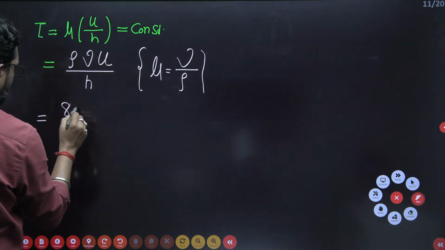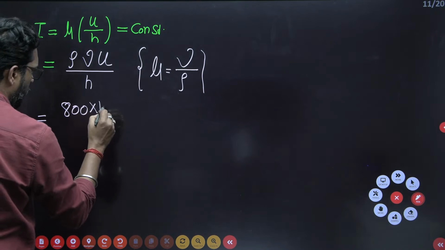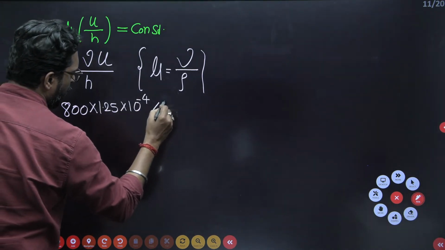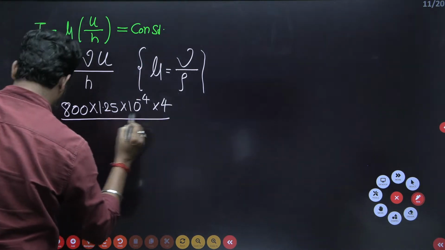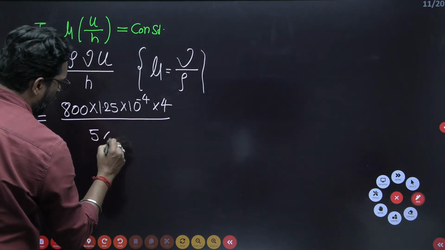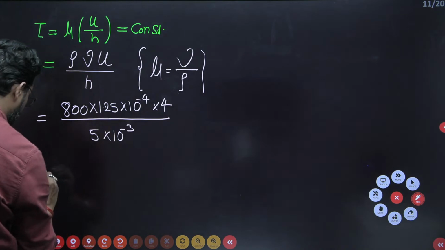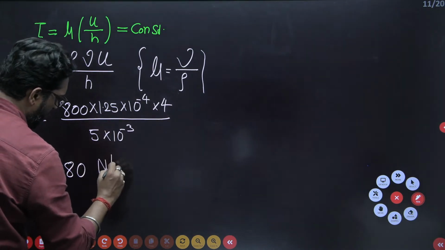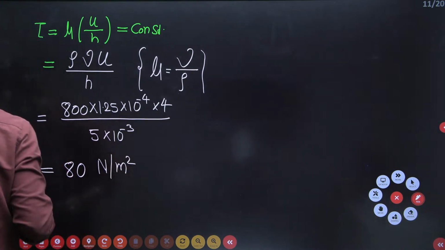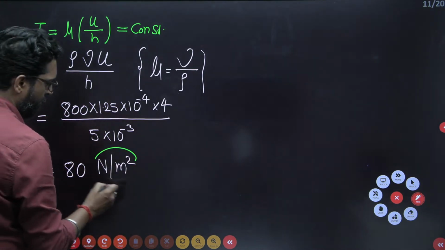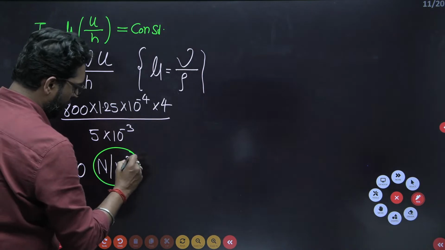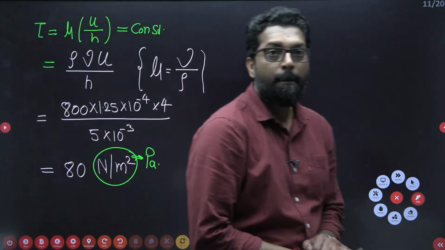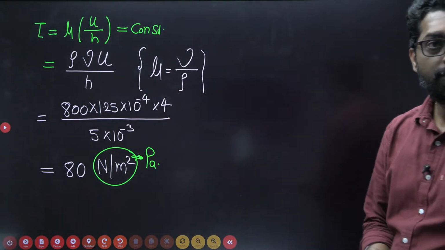So 800 into 1.25 cross 10 to the power minus 4 into 4, divided by the gap 5 cross 10 to the power minus 3. This is 80 Newton per meter square, and Newton per meter square is also known as Pascal. Clear? Very simple.